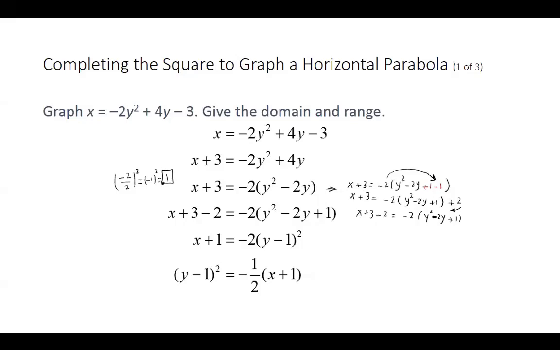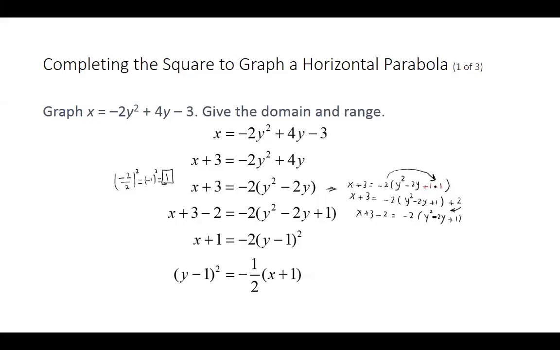Now we know we need to add 1 inside this parentheses to complete the square, but I'm going to add 1 and subtract 1. I'm really adding 0 here. This -2 belongs to each term. So here I get x plus 3 equal to -2 times y squared minus 2y plus 1.